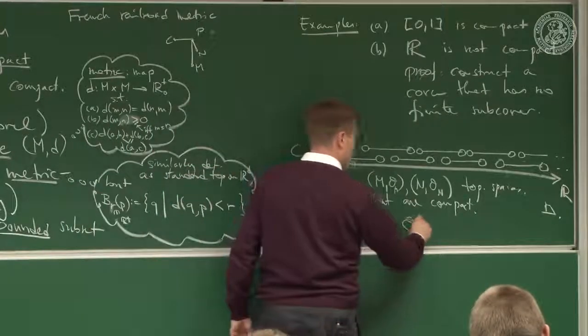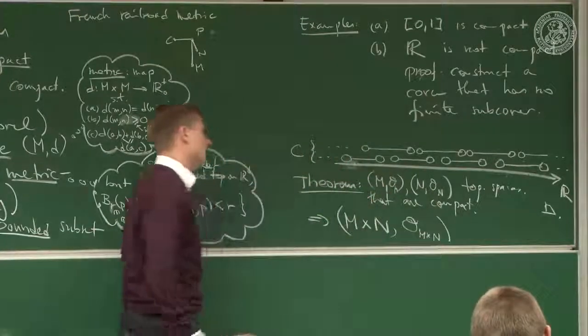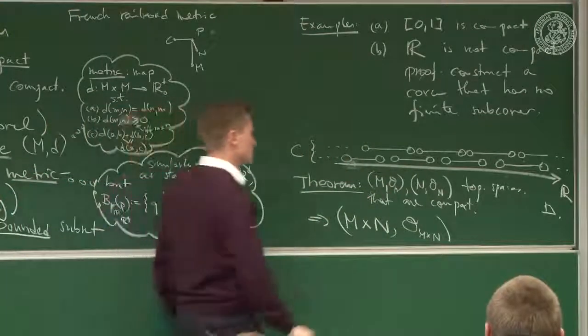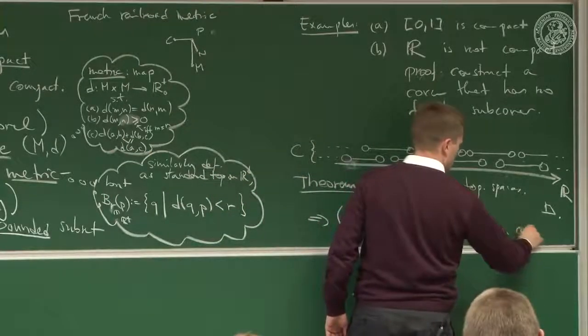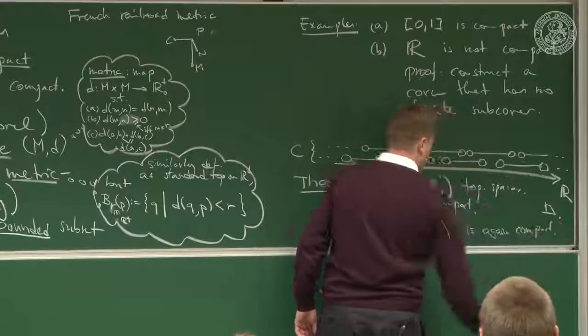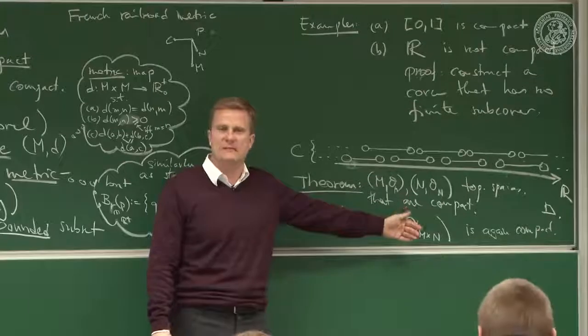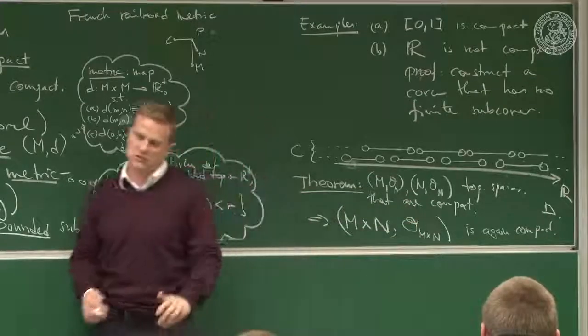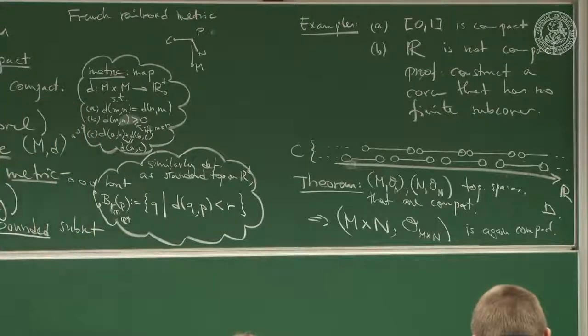Well, I can equip them with the product topology. Then the Cartesian product of the topological spaces is again compact. And if this works for two Cartesian factors, it works for finitely many. So compactness is inherited to finite products.